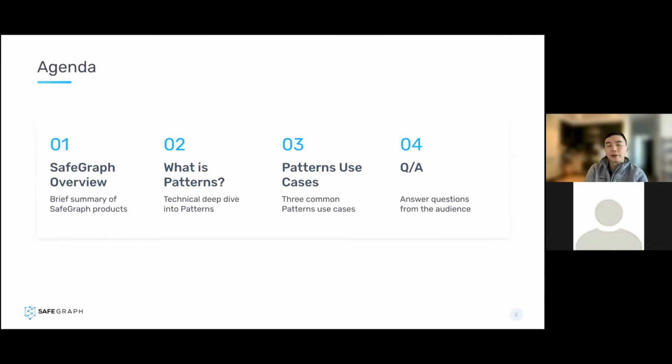And then I think the bulk of the time I'll spend on number 3 here, which is our use cases for patterns. One benefit of being the product manager for patterns is that I'm on calls and I get to learn about all of the unique and fascinating use cases that customers use our patterns data for.